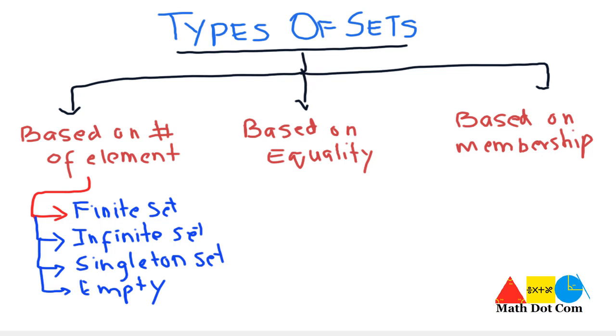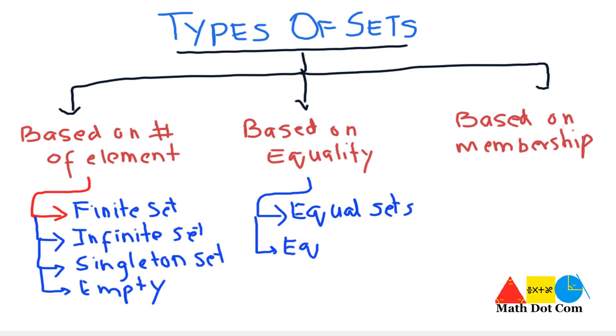Now we will see the different types of sets based on equality. One is equal sets, and another is equivalent sets. How they are different from each other, we will see shortly.